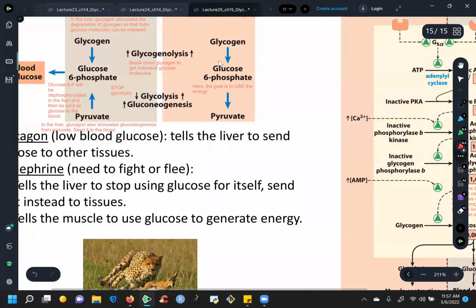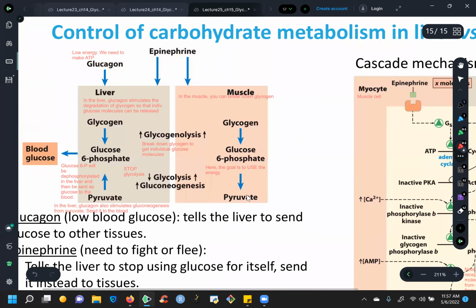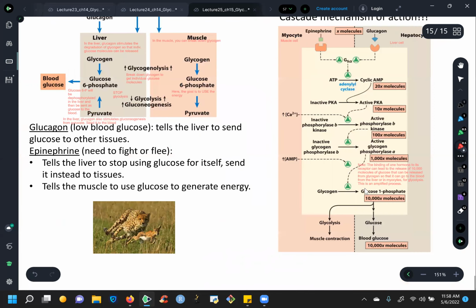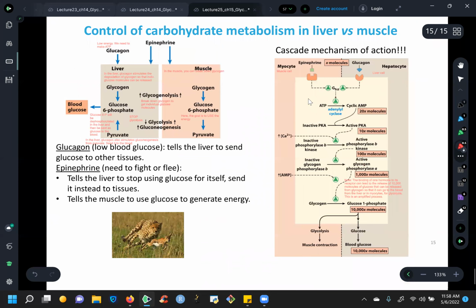If you're in the muscle, your body will use it right away. But if you're in the liver, then those 10,000 glucose monomers will be dephosphorylated and then sent to the blood. So that's pretty crazy. It's an amplified process. Okay, so that's the last thing that I'm going to go over.